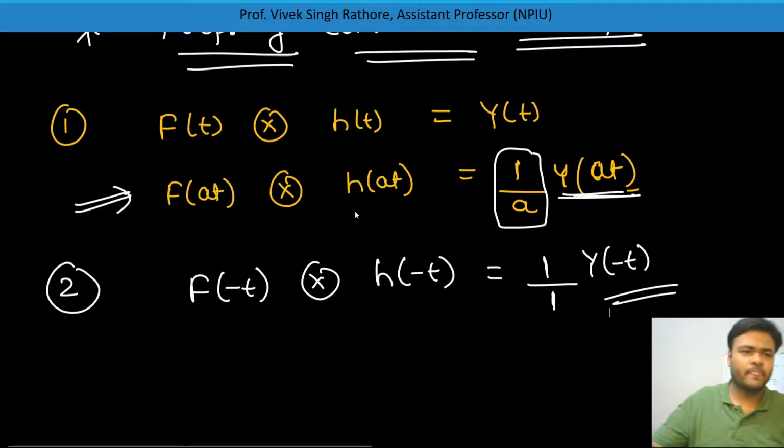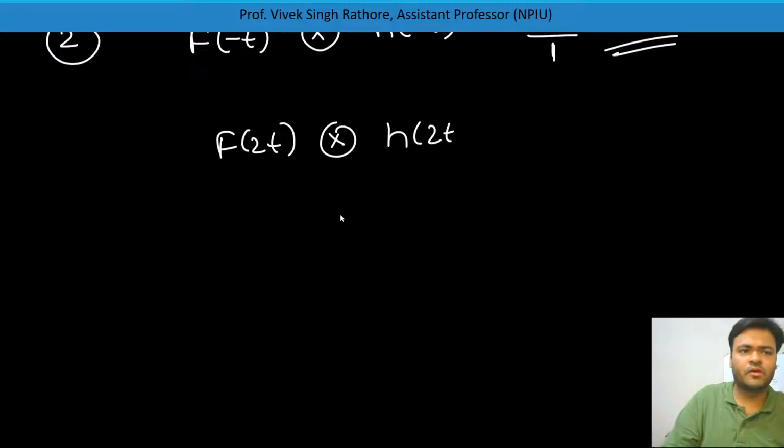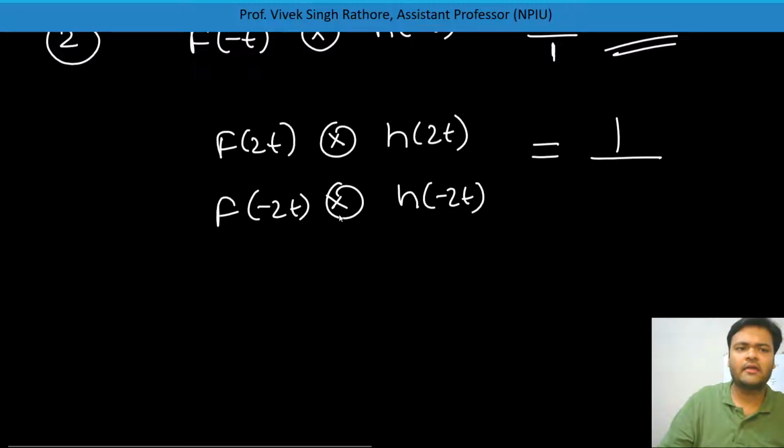Now you can understand that if f of 2t is convolved with h of 2t, or f of minus 2t is convolved with h of minus 2t, the output will have the factor 1 by a only, so 1 by 2.